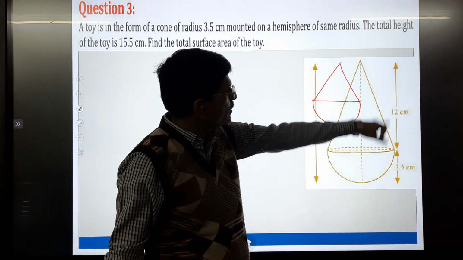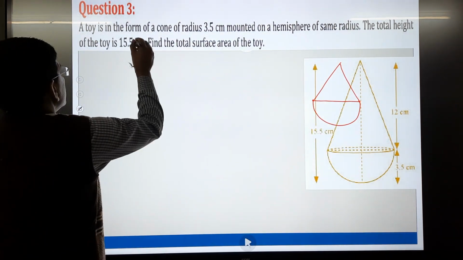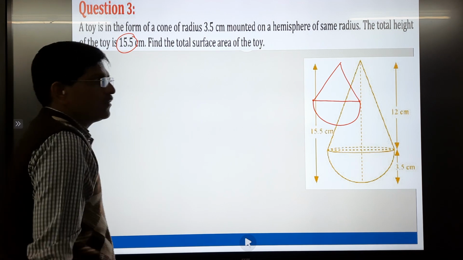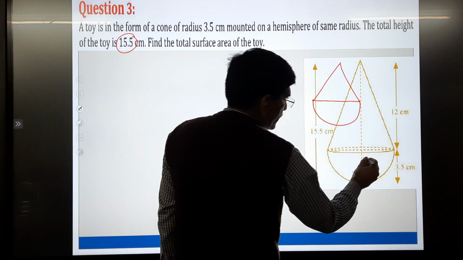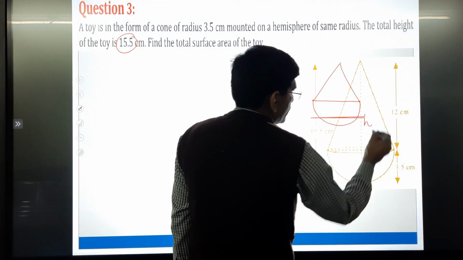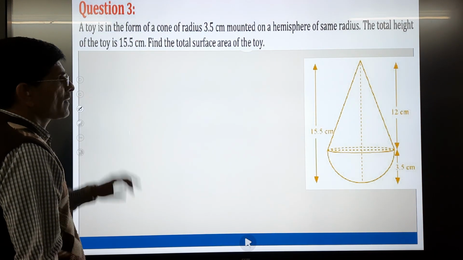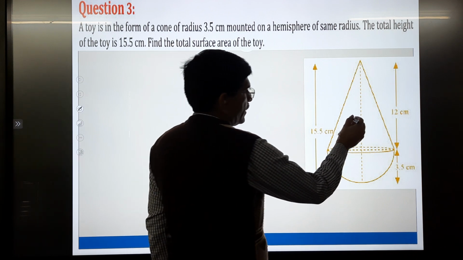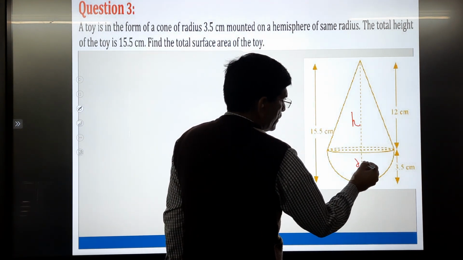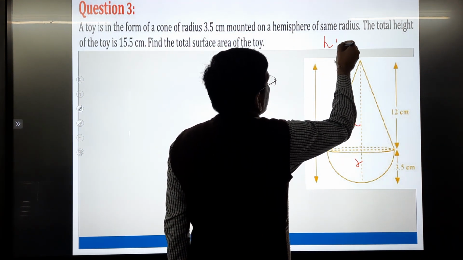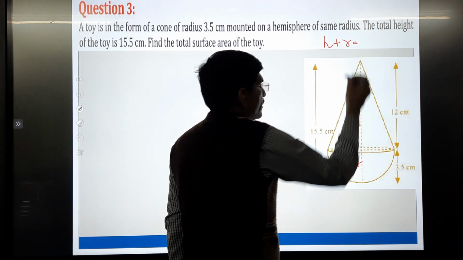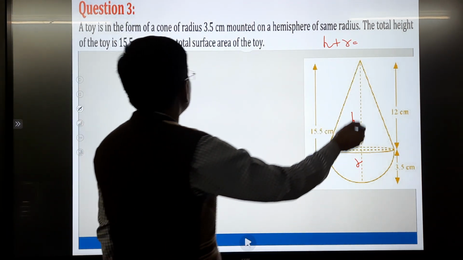The total height is given as 15.5. Here it is R, here it is H. So H plus R is given as 15.5.